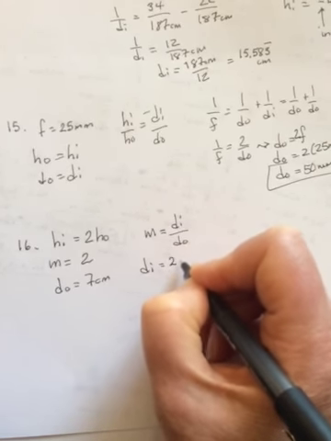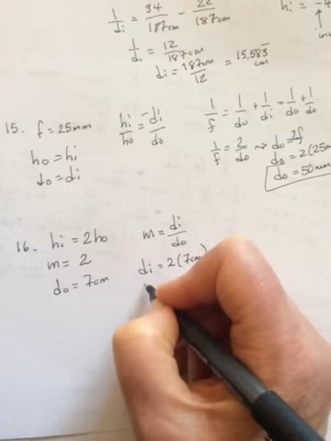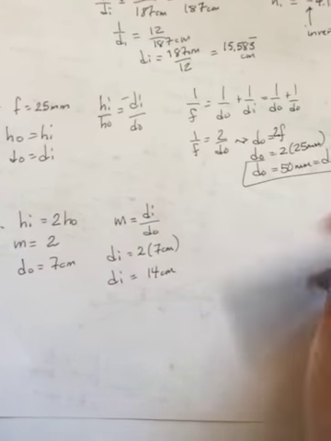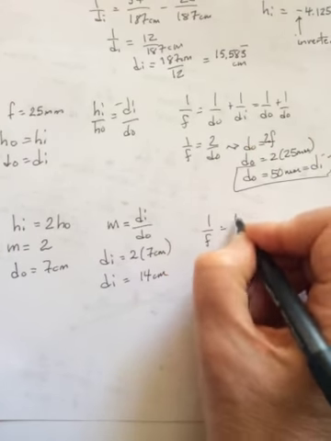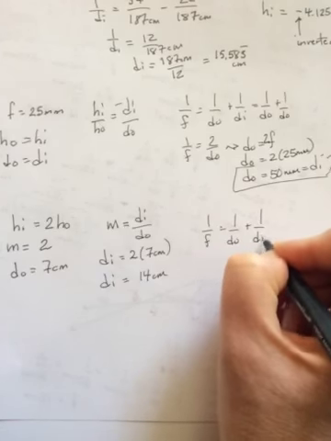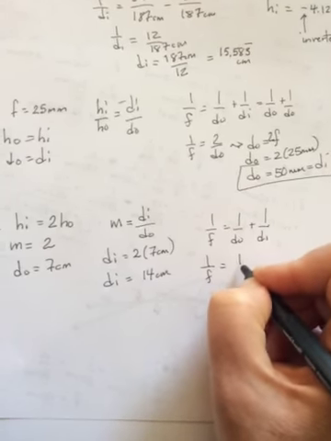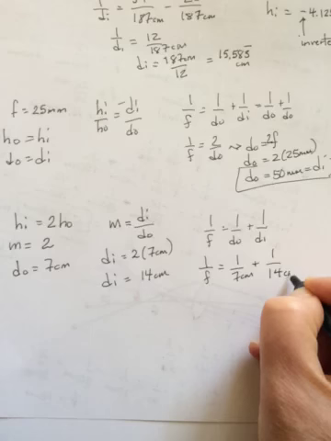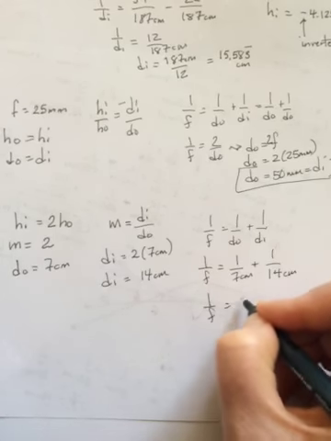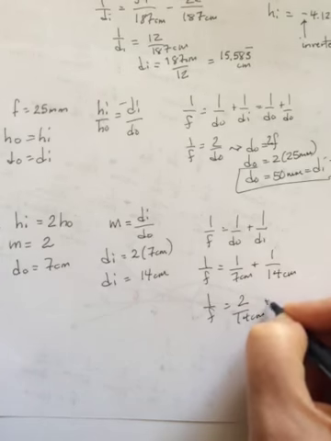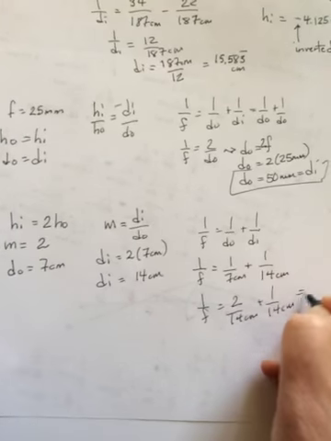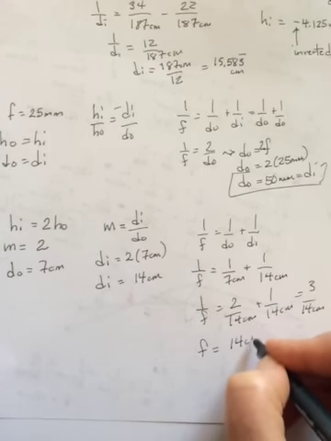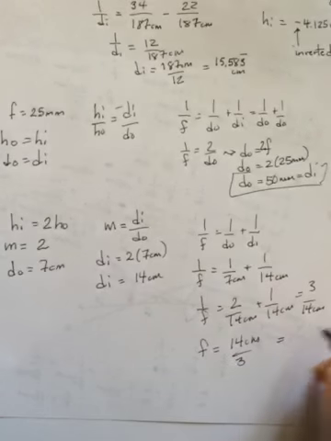So di should be equal to 2 times the 7 centimeters. di should be equal to 14 centimeters. 1 over f is equal to 1 over do plus 1 over di. 1 over f is equal to 1 over 7 plus 1 over 14. 1 over f is equal to 2 over 14 plus 1 over 14 is equal to 3 over 14. So f is equal to 14 over 3.